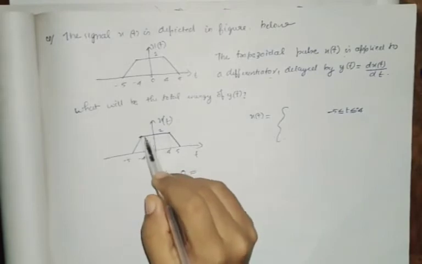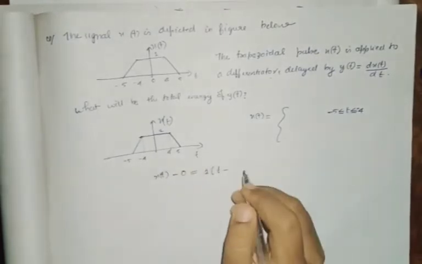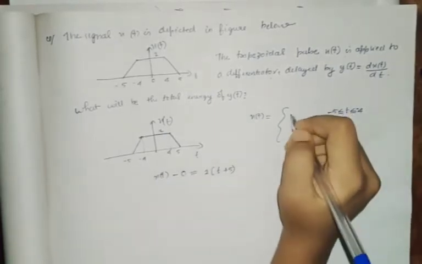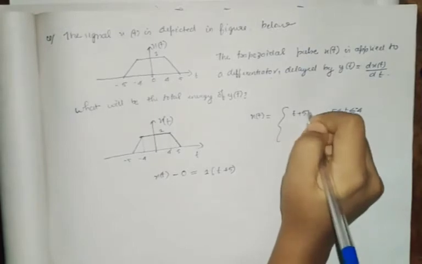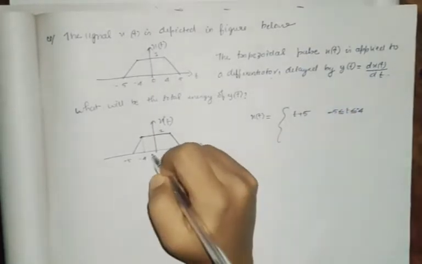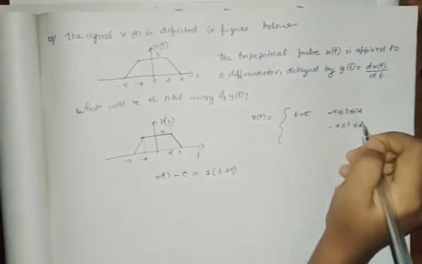The slope here is 1 only. 1 into x minus x1. x1 is minus 5, so it will be plus 5. So t plus 5. And again from minus 4 to 4, it is 1.